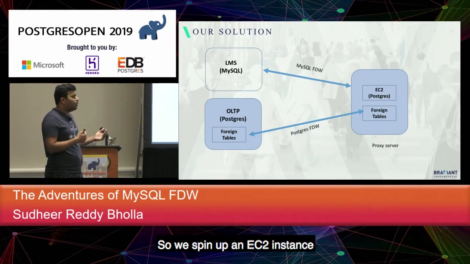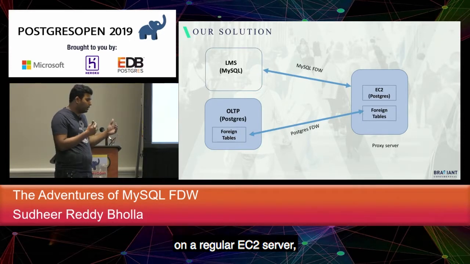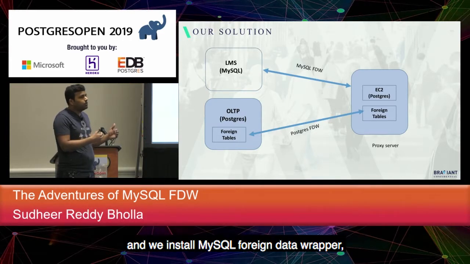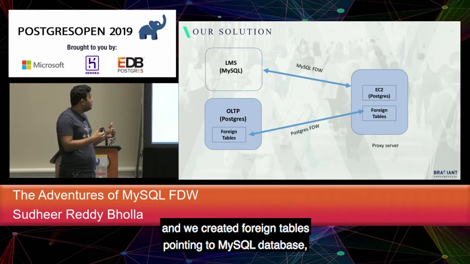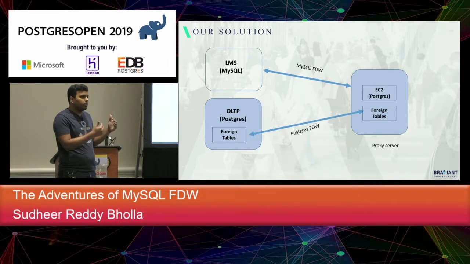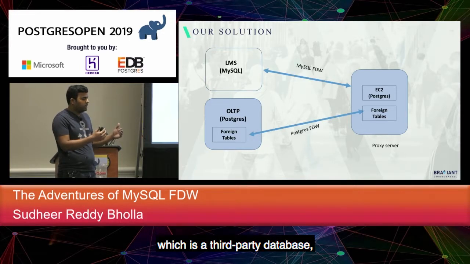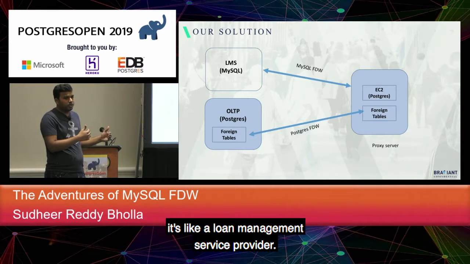So we spin up an EC2 instance on a regular EC2 server, and we install MySQL foreign data wrapper and Postgres foreign data wrapper in that. And we created foreign tables pointing to the MySQL database, which is a third-party database and we don't have access to it.